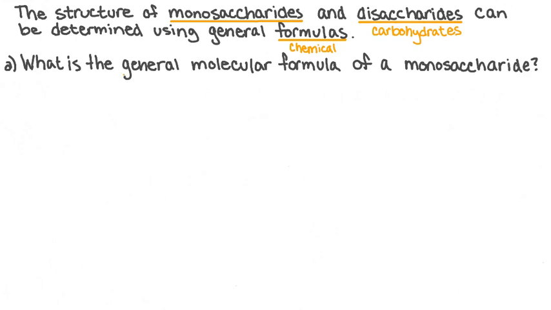Here, we're interested in the general molecular formula of a monosaccharide. And since it's the general molecular formula, it should be able to apply to more than one type of monosaccharide. Let's also take a moment to recall that mono is a word part that means one, and saccharide means sugar. So we're looking for the general molecular formula of one sugar.